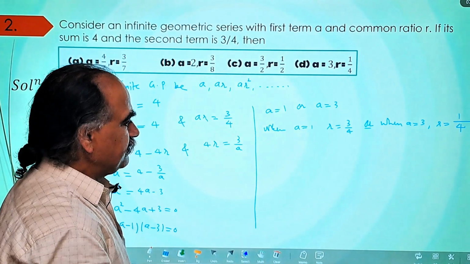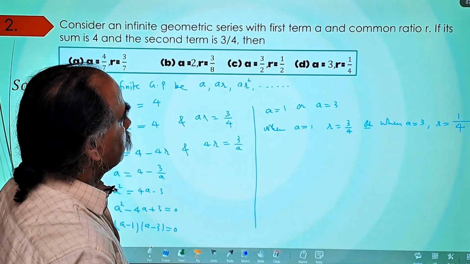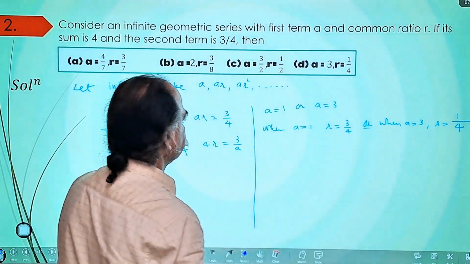The answer is A 1, R 3 by 4; A 3, R 1 by 4. D is the answer.